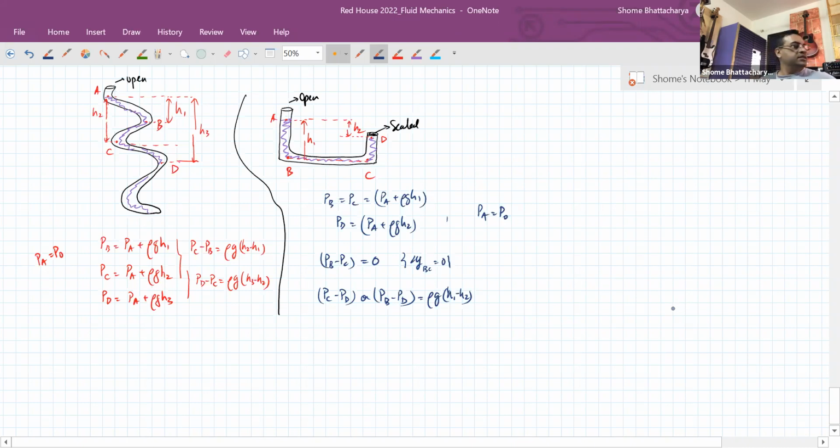Okay, so in fact, we'll see that this is the working principle of devices like barometers or manometers, which measure atmospheric pressure or pressure in a gas chamber.